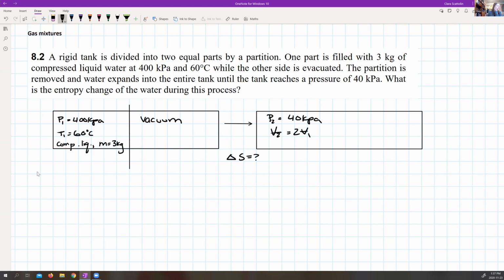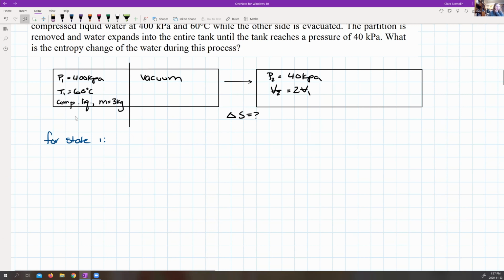So what we're going to do is start by looking at state 1. For state 1, we're told it's compressed liquid, right? So knowing that it's compressed liquid, we know that we can get all of the properties using the property tables.